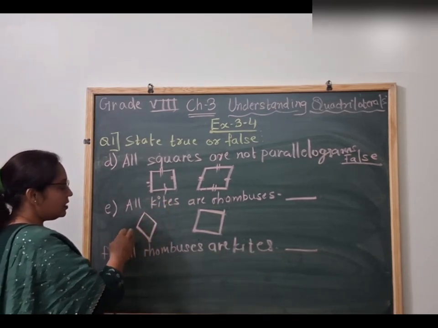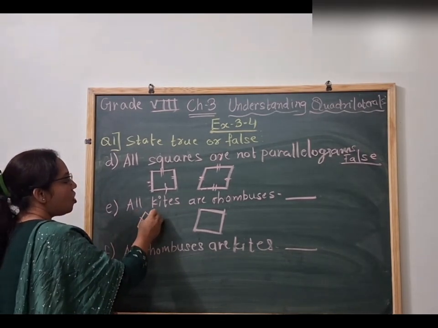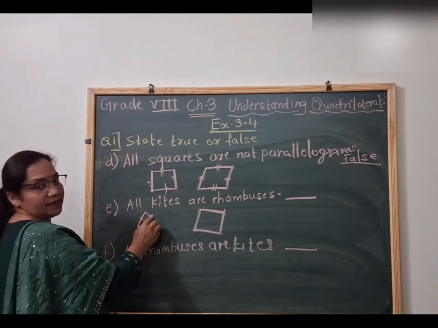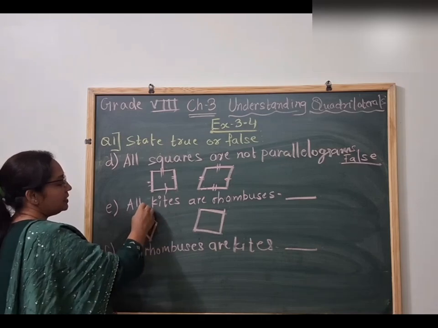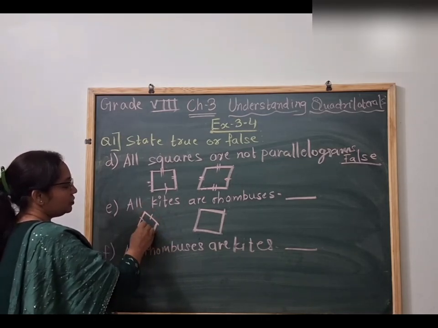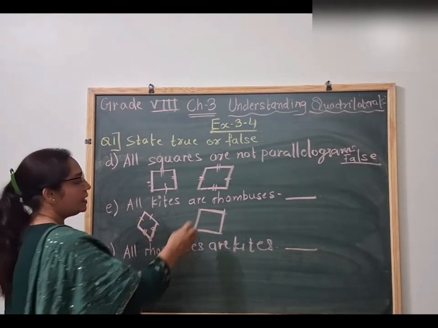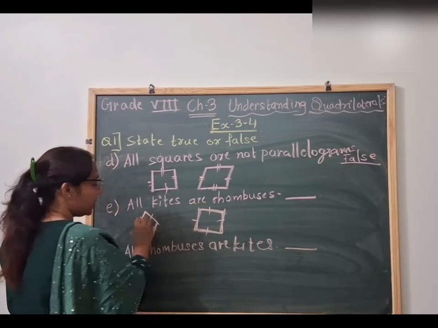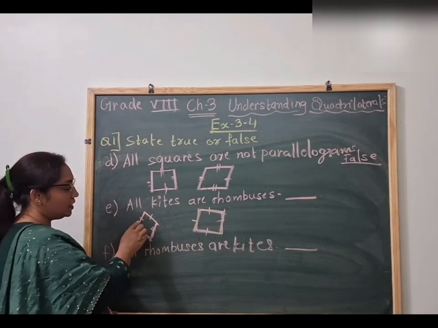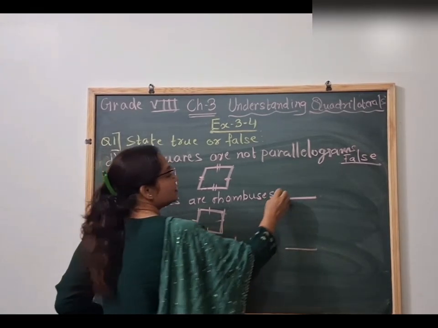Here if you see, when you look at this shape kite, you know that adjacent sides are equal. इसके आसपास वाली जो sides होती है वो equal होती है. This side is equal to this side and this side is equal to this side. Whereas if I talk about rhombus, it has all the sides equal. So rhombus की सारी sides equal होती है, पर kite के सारे side equal नहीं होती है. Only adjacent sides equal होती है. So this statement is again false.